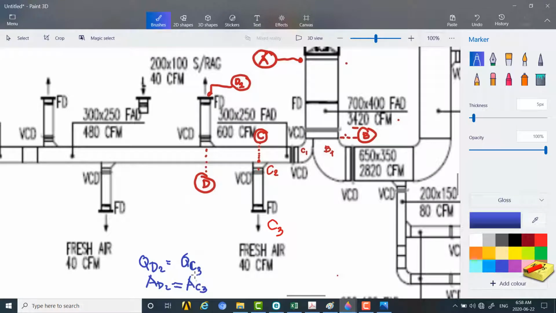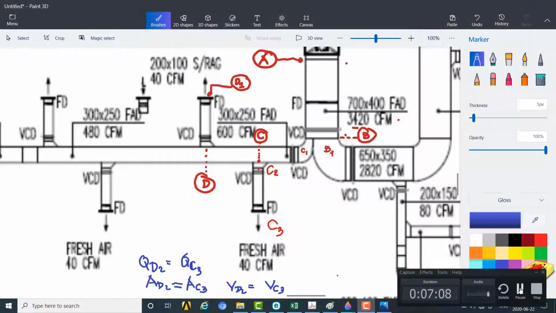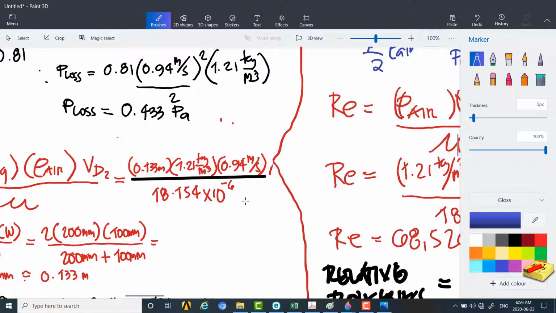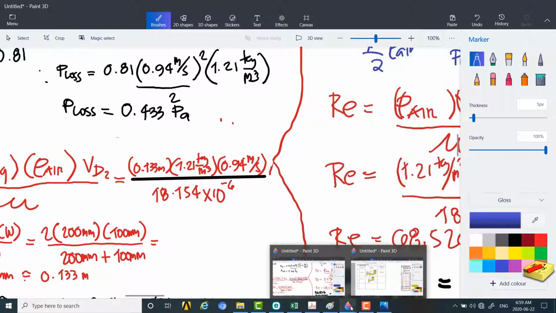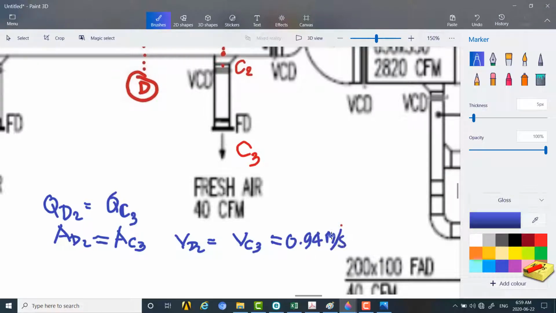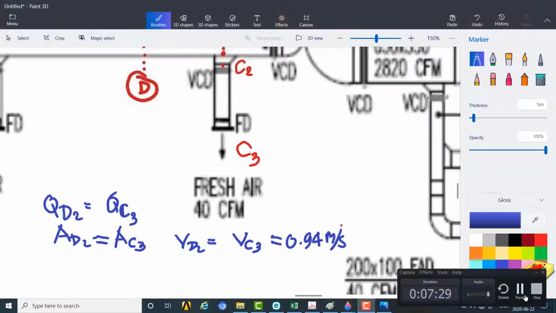So they have the same area and same volume flow rate, then we can also get the same velocity. The velocity of D2 will also be equal to the velocity of C3. So the value of D2 will be 0.94 meter per second. Okay. You have the value now.